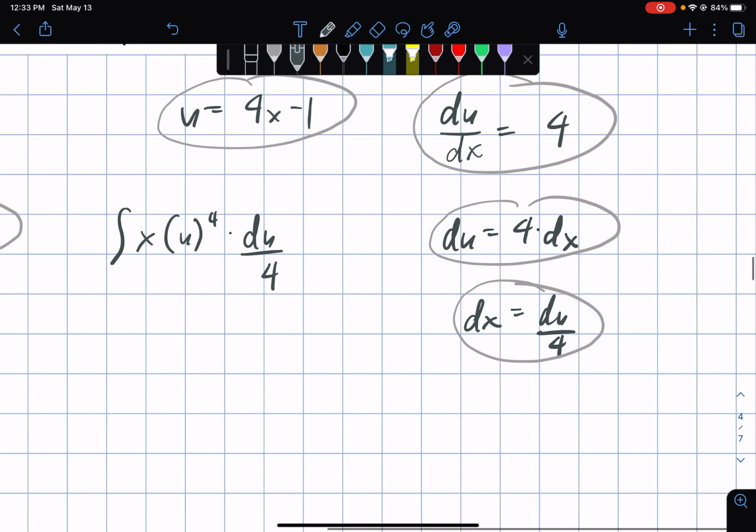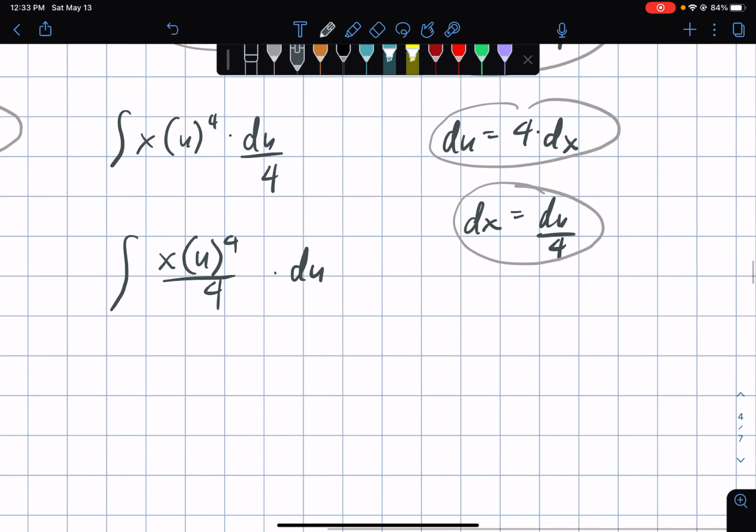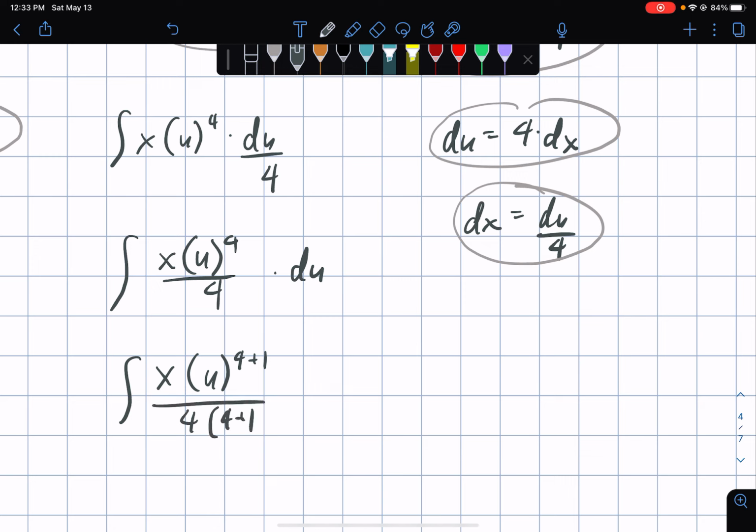Okay, so x times u raised to 4, over 4, times du. We apply power rule. If you have a number in the denominator, and you're trying to apply power rule, you just multiply them with the n plus 1.